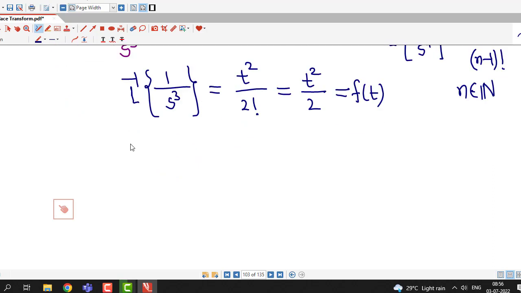And now we can write by second shifting theorem. We should at least mention one time that we are using this result, second shifting theorem.